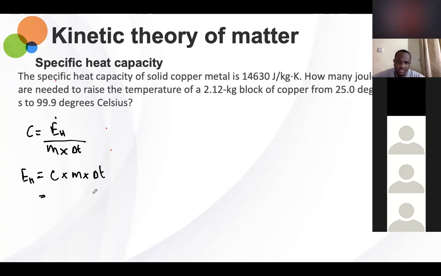So specific heat capacity for the metal is 14,630 times our mass. Mass of the block is 2.12.